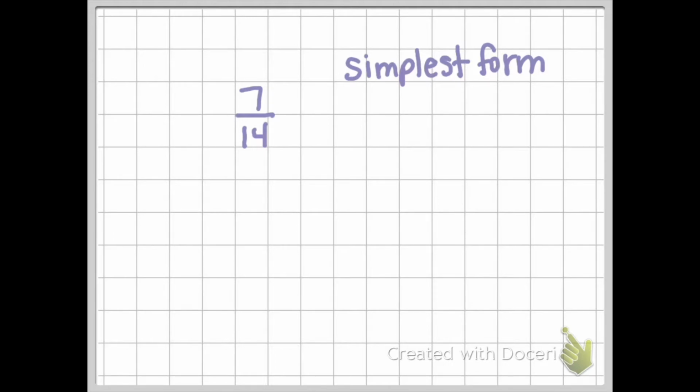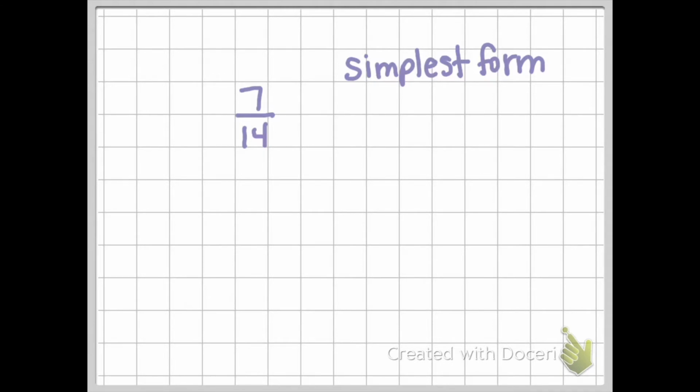Now, the way we do this is we start looking at the 7 and the 14 and think, what can I divide both numbers by equally? Because remember, whatever you do to the bottom, you've got to do to the top.